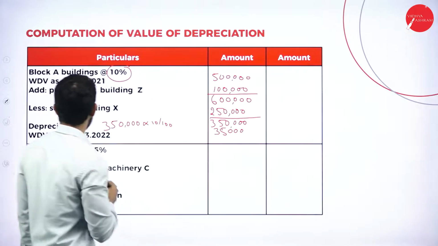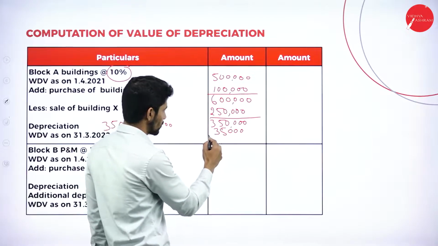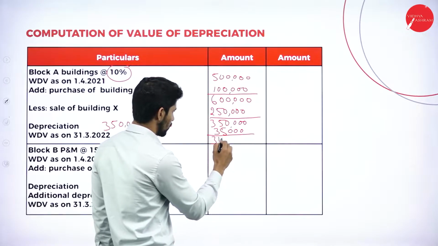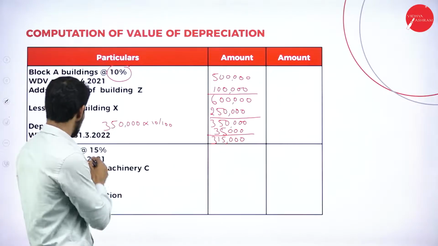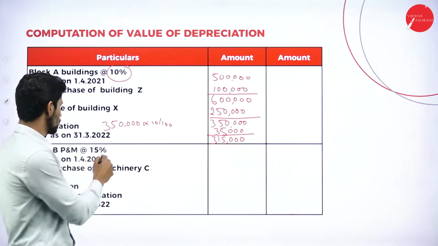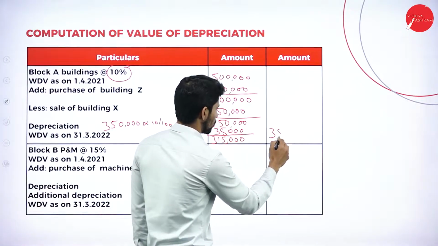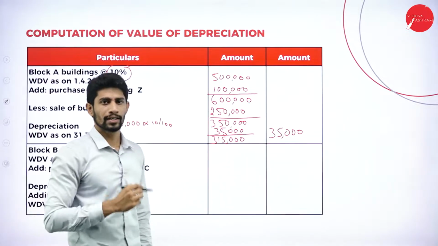So what is the remaining balance here? The remaining balance is 3,15,000. So this 3,15,000 is the written down value as on 31st March 2022. And this 35,000 is what? The value of depreciation with respect to block A.